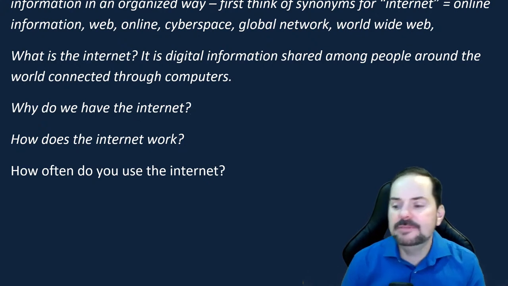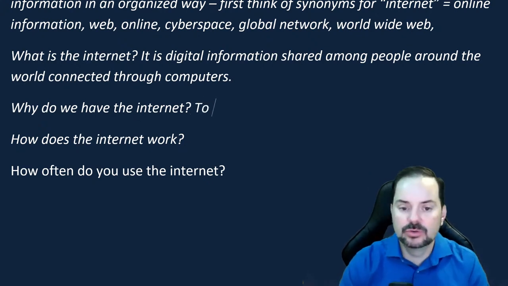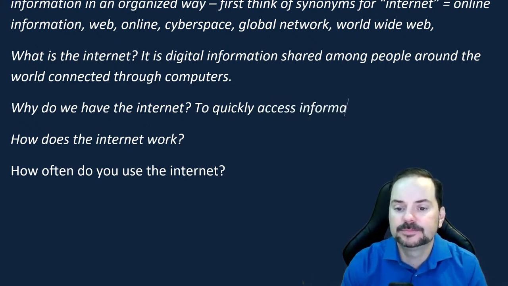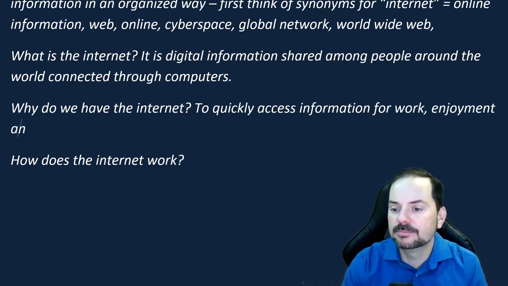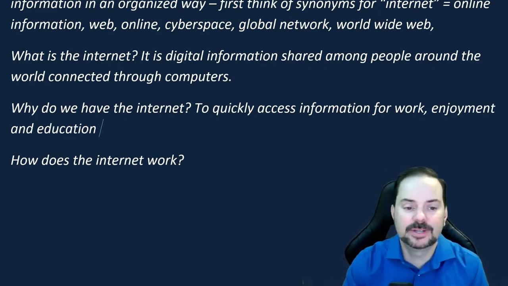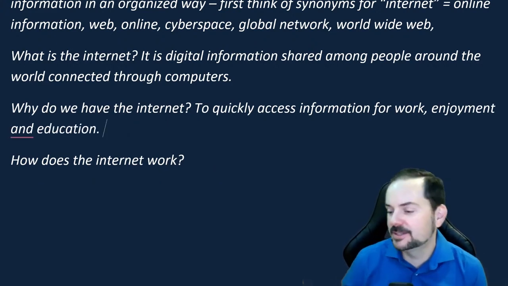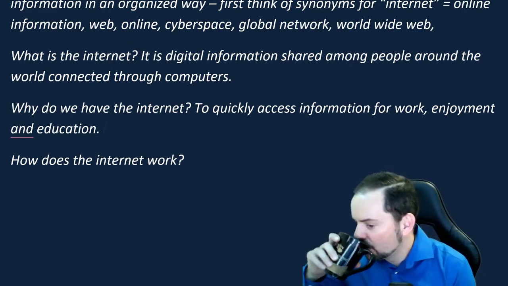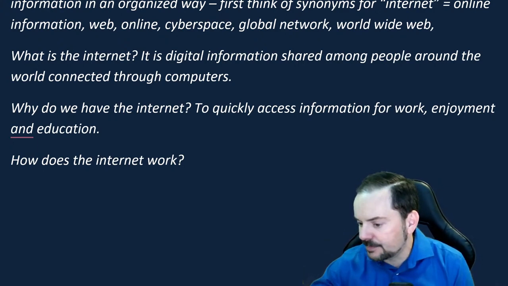Why do we have the internet? To quickly access information for work, enjoyment, and what we're doing right now, education, right? To learn. Okay, that's what we're all accessing the internet for right now. Okay.